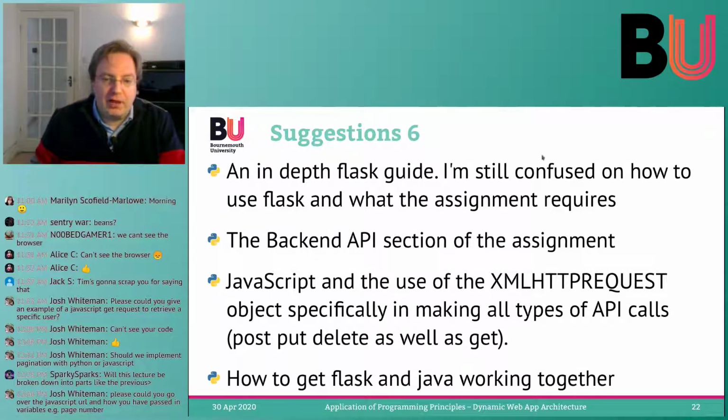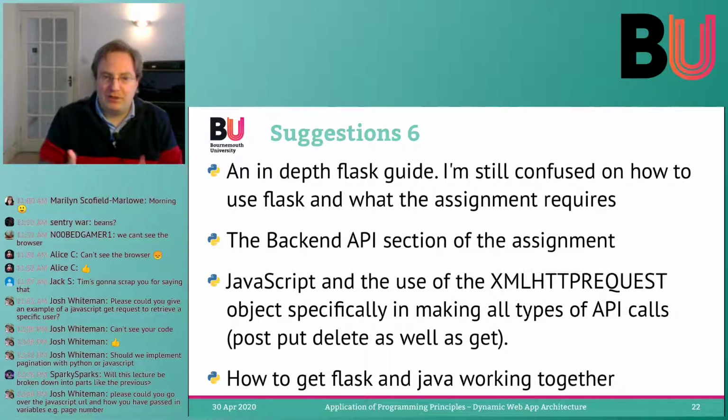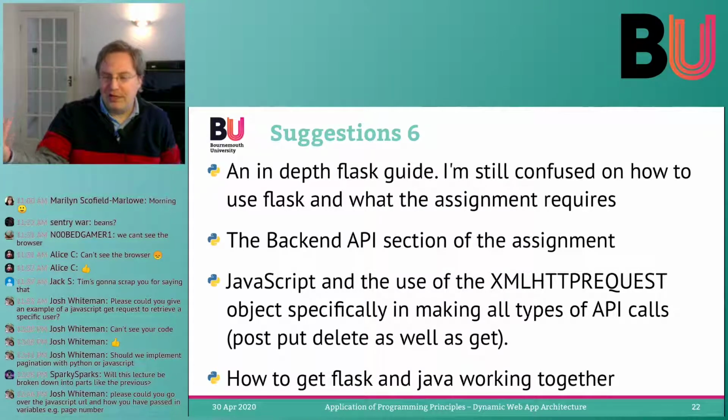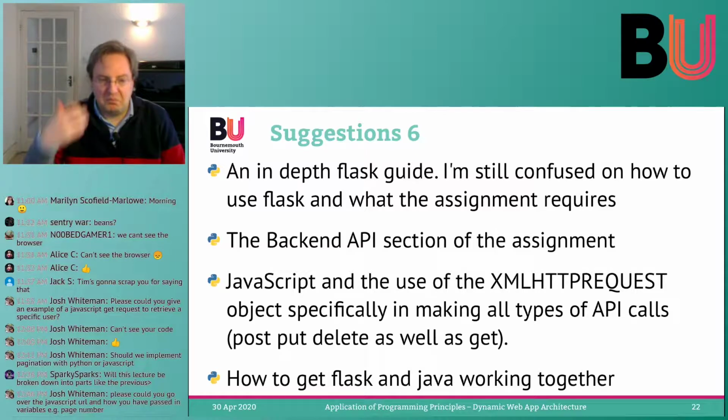So Flask in depth. The way we set up the assignment is that we actually want you to use Flask as little as possible. We need to make those requests work, but you don't need to go into the depth of Flask. You need to be able to get your data from your request, and your routing, and that's about it. The backend API section, I've covered that a little bit.